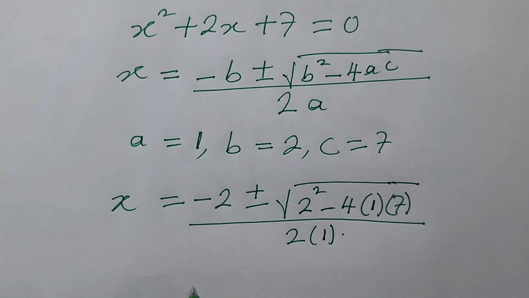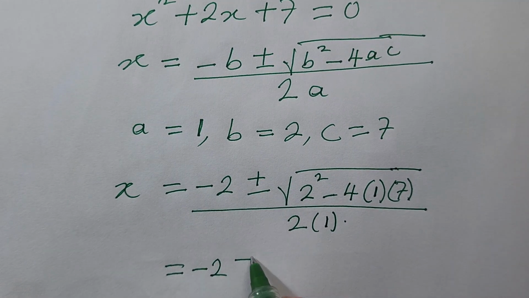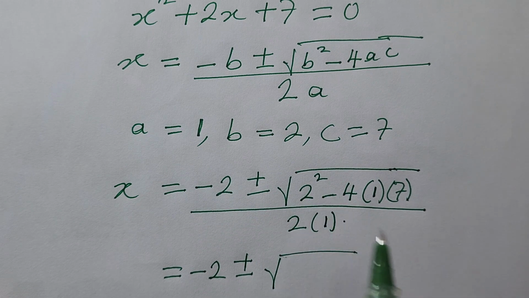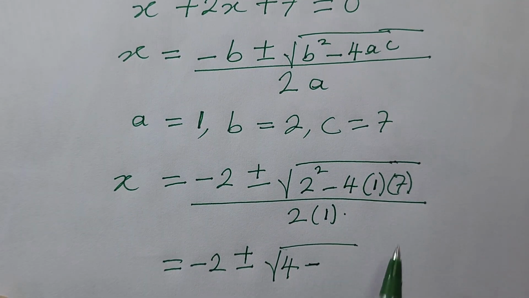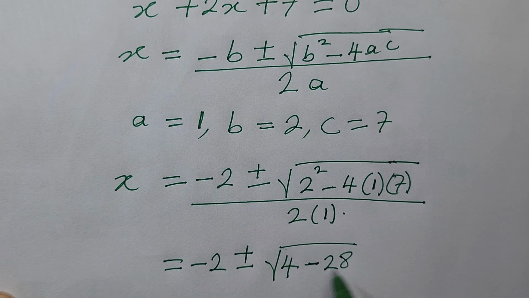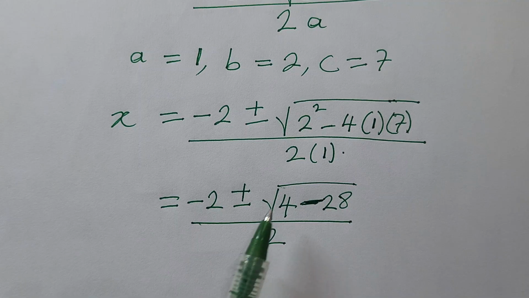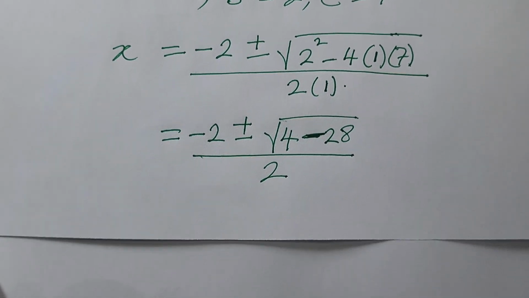Okay, so here we're going to have this to be minus 2, plus minus square root. Here 2 to the power of 2 will give us 4, then minus 4 times 1 times 7 will give us 28. We have 28 here, this is minus 28 all over our 2. So we can subtract this from this to give us our minus 24, right?